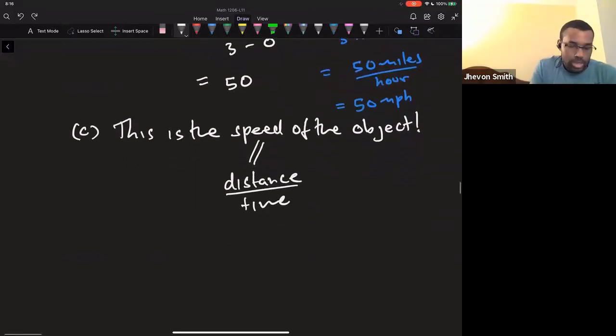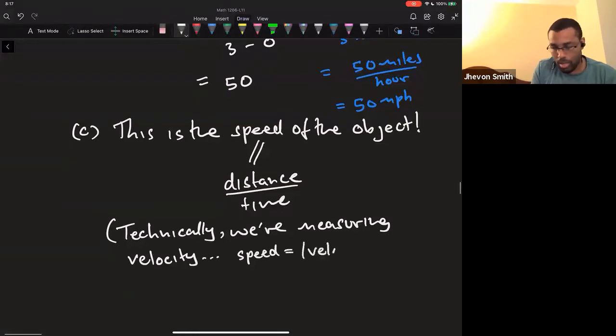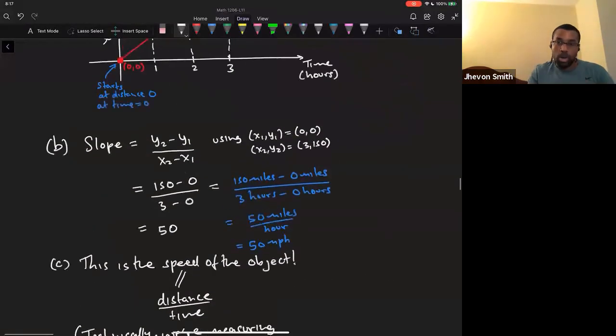I mean, technically we're measuring velocity. Speed is actually the magnitude of velocity. So yeah, the uninitiated would call it speed. That's how fast the object is moving, 50 miles per hour.